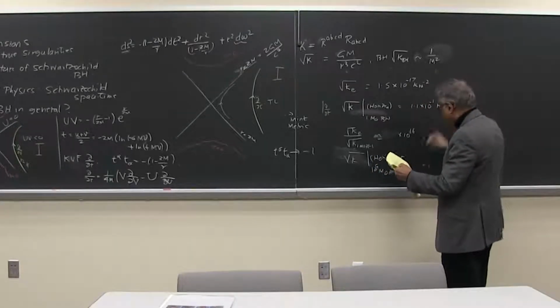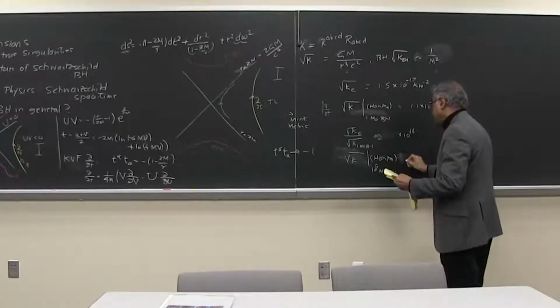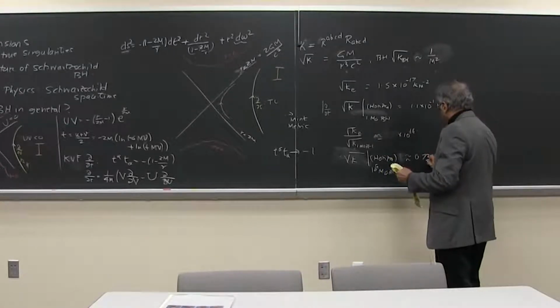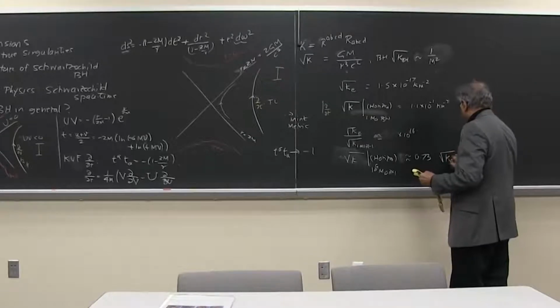I didn't write down the precise value, so let me just say it here. It is about 0.73 times square root of K on Earth.